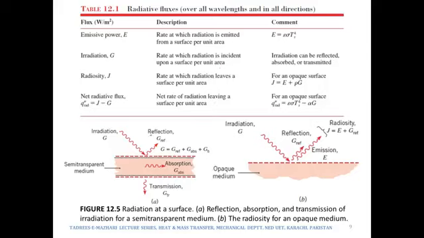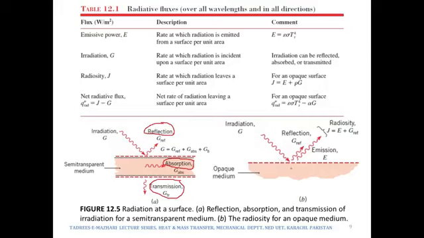Out of this incident radiation, one portion will get reflected, a part will get absorbed, and a part will get transmitted on the other side. This is exactly what we were discussing on the previous page. So total G is G reflected plus G absorbed plus G transmitted.